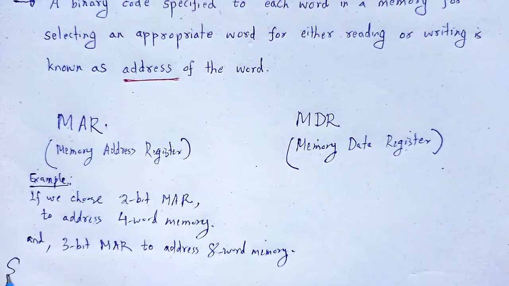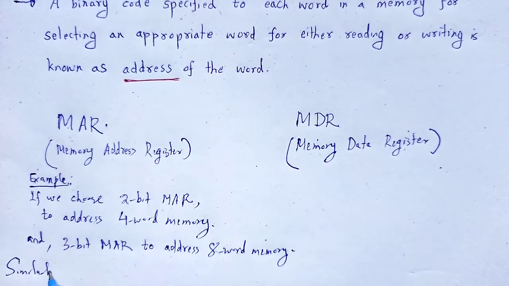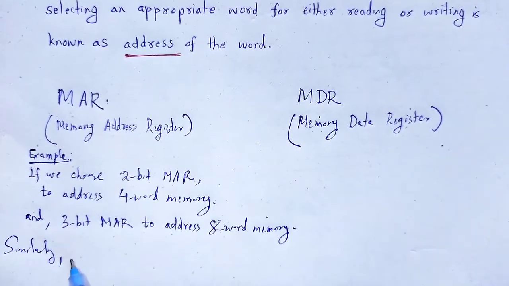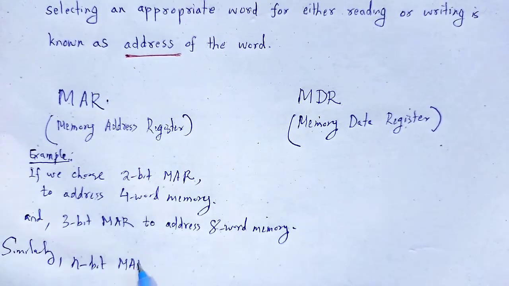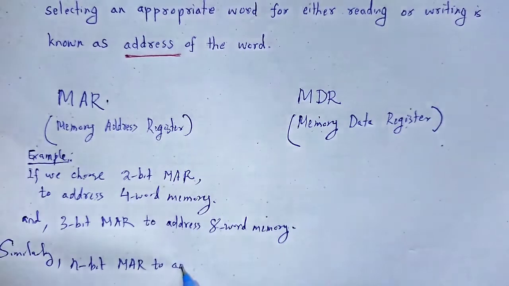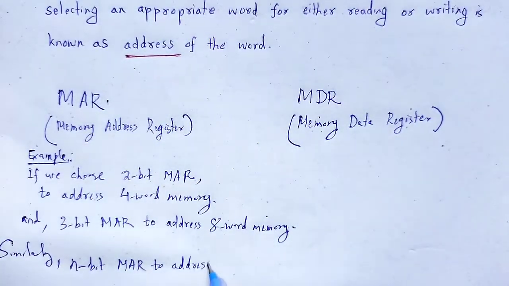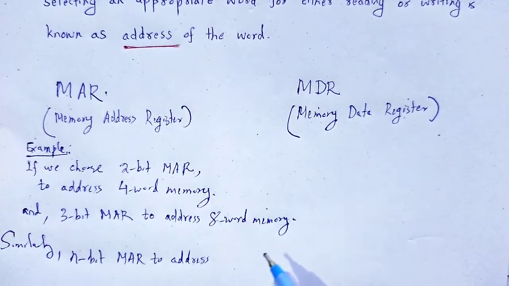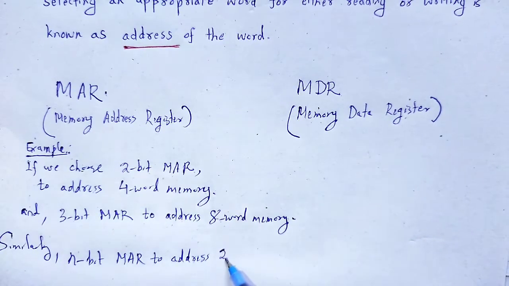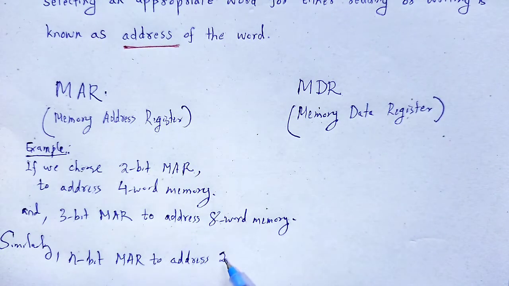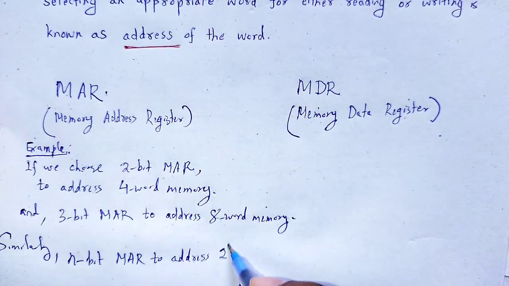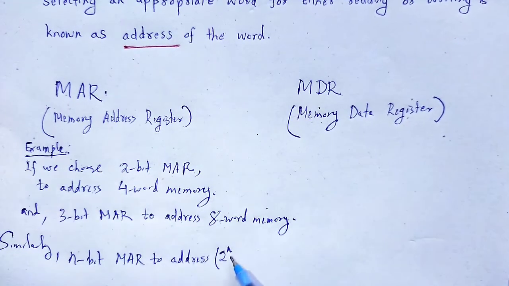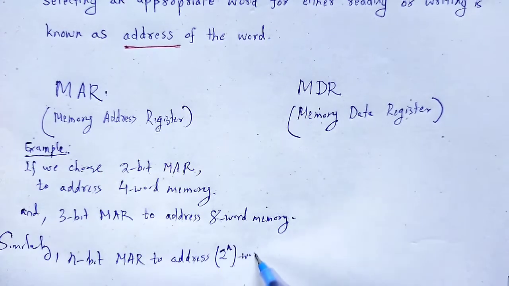Similarly, for addressing, an n-bit MAR is used to address 2 to the power n word memory.